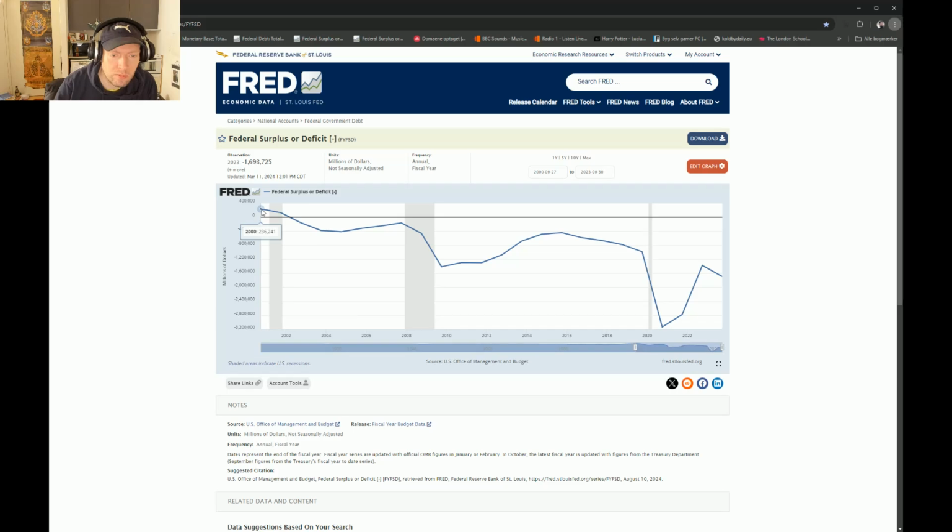It's quite annoying when you have to do these numbers. But anyway, 200 millions. And now it's down to like 3,000 billions, 2 trillions in deficit.